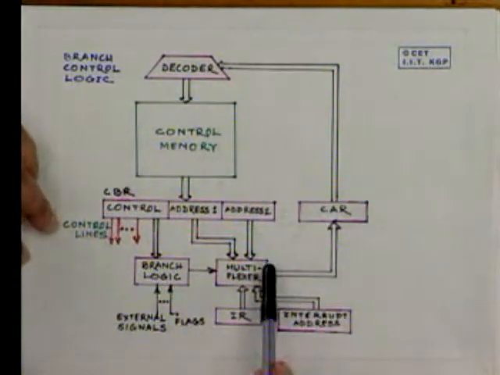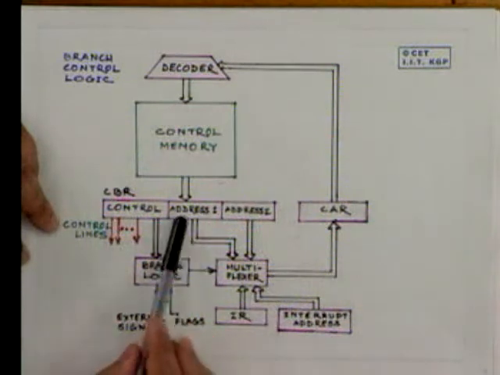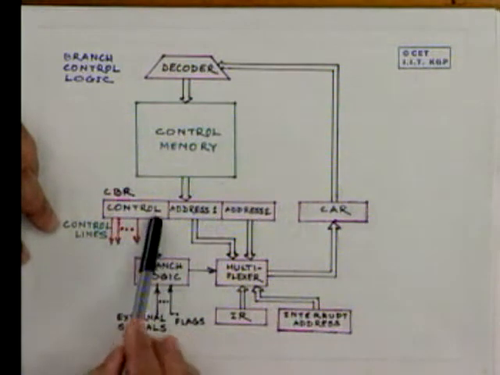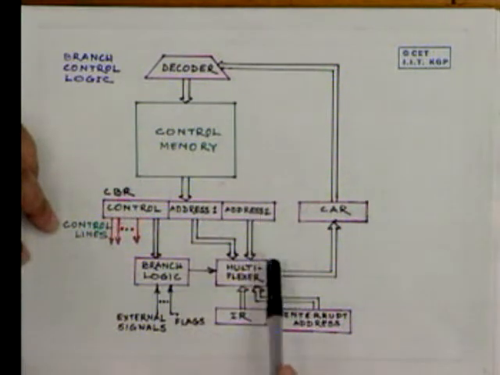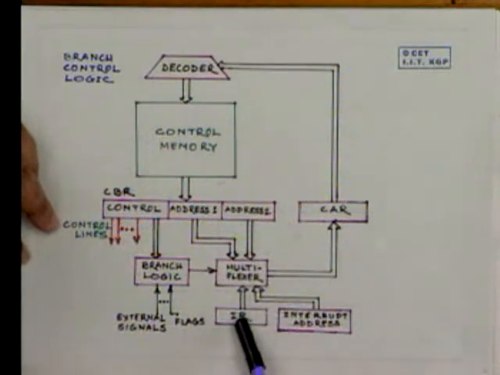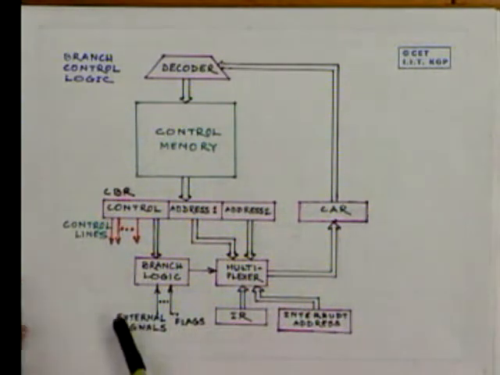Therefore, the control flow is decided this way: either it goes to address 1 if the condition is satisfied, say, or to address 2 if the condition is not satisfied. Naturally, the other two inputs to that multiplexer will be from the instruction register and from the interrupt address, to handle interrupts.